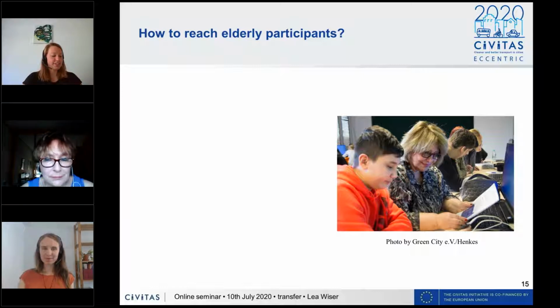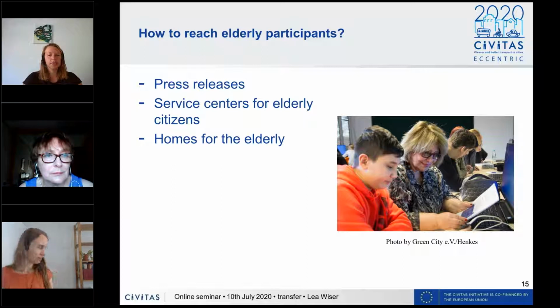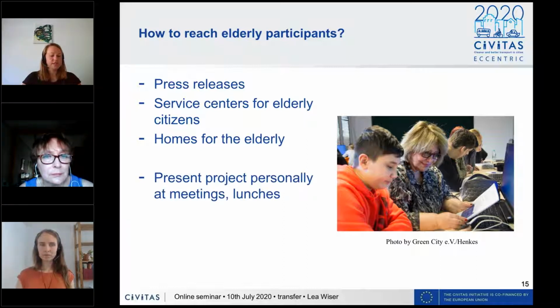Of course. How to reach elderly participants. The highest response resulted when we published the project in the local press, and we got many calls by interested seniors. But you also have to keep in mind that the press does not always use your information.